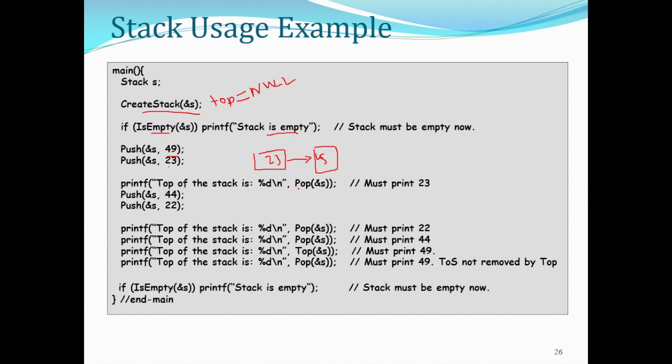When we pop the element, we are basically reading 23, and now the top element is 49. Now we are pushing two more elements similarly, and then we are writing the elements from the stack in reverse.